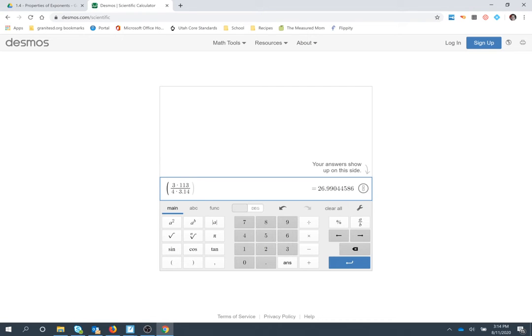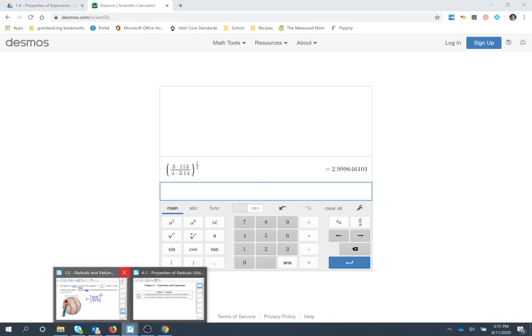Then if you go outside, we're going to raise that to a power, and our power is also going to be a fraction, and our fraction was 1/3. And then just hit enter, and it looks like 2.9996.